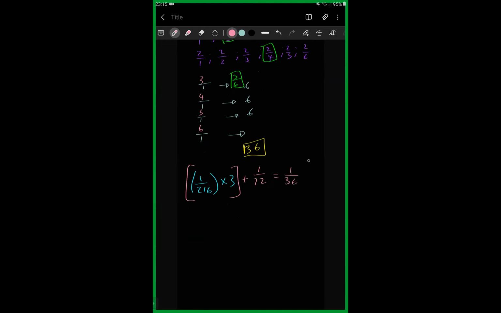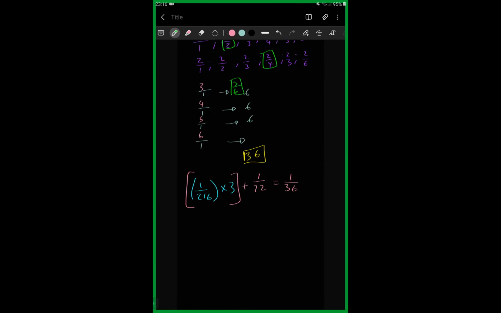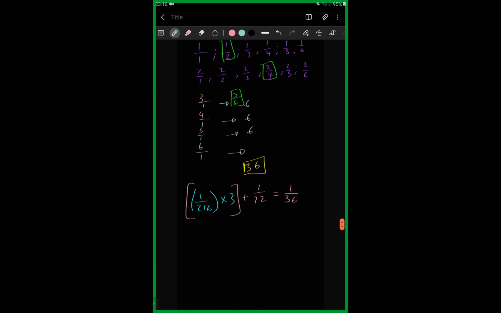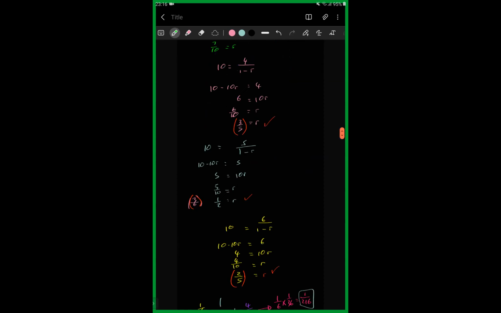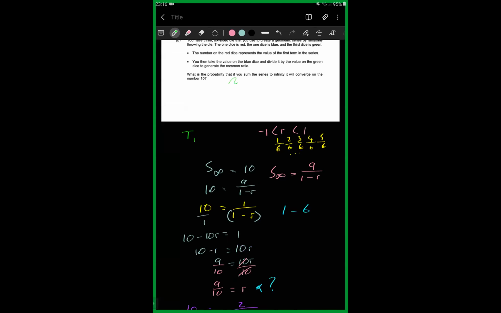So with all this being said, I said here, what is the probability that if you sum the series to infinity, it will converge on the number 10?